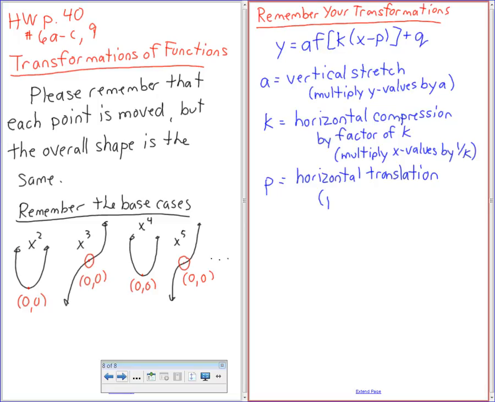And we're going to say p units left. Okay, so it's going to be in the opposite direction. And q is going to be the vertical translation. Yeah, this is opposite. So anything to do with x is the opposite. Think of it like you're solving, minus. Yeah, I guess what it says here, shift to the right, yes.